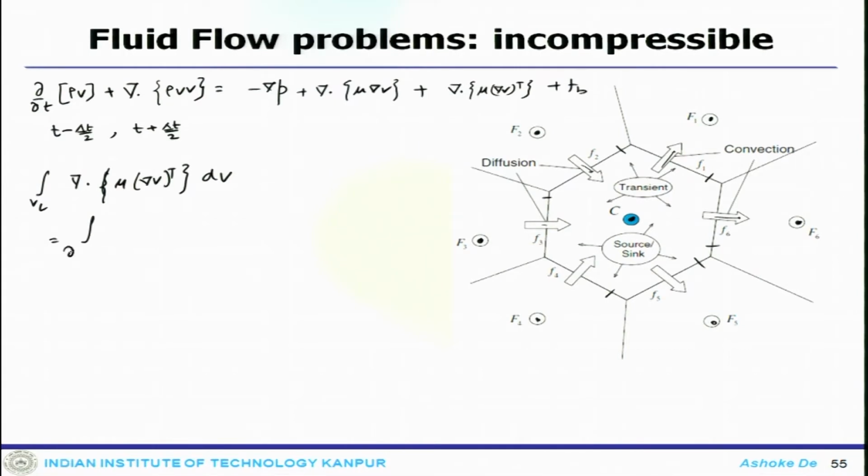If you convert that to a surface integral, it is mu del V transpose dot dS, which will be the surface integral, summation over NBC of mu del V transpose dot Sf.